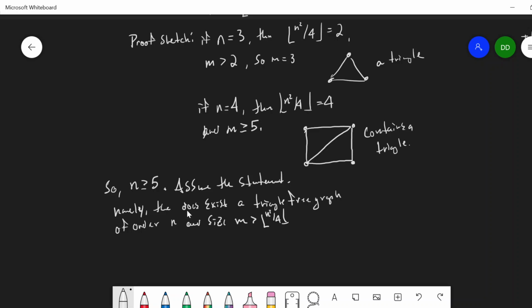Right, so this would be a counterexample to the theorem. If such a graph existed, this would be a counterexample to the theorem.